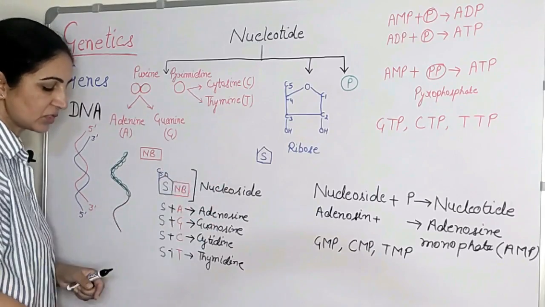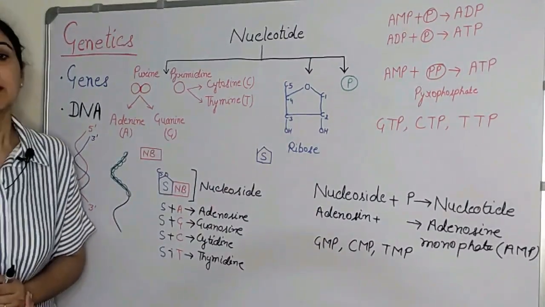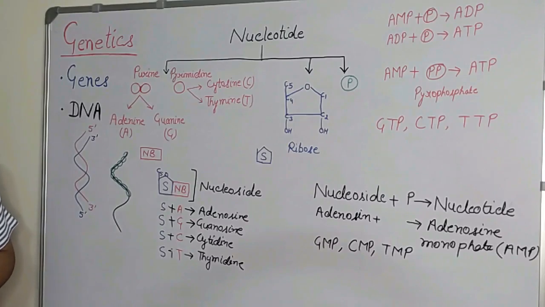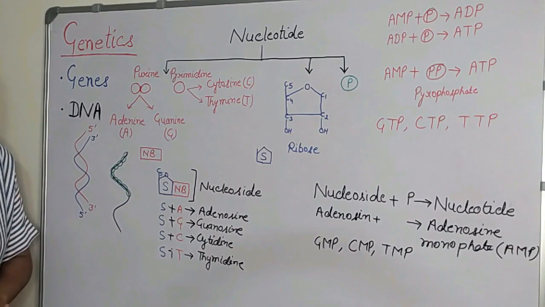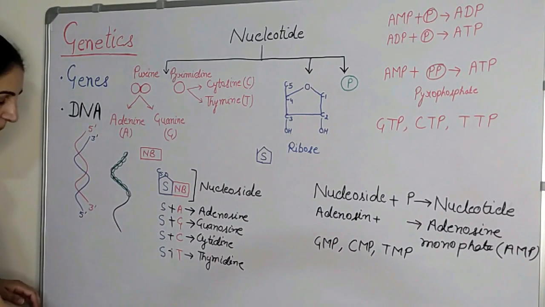Gene is the sequences of nitrogenous bases on the DNA molecule. So what is a DNA molecule? DNA is actually a double stranded structure of polynucleotides where the two strands are coiled around each other to form a double helix.